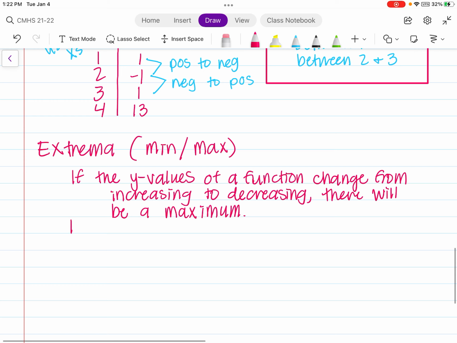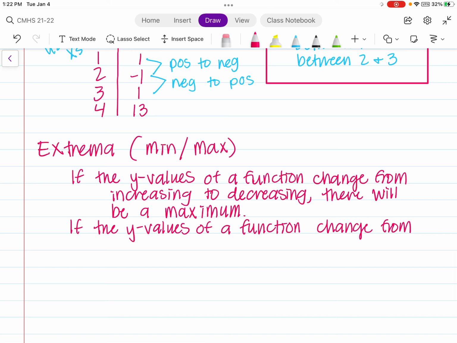So, on the other hand, if the y values of a function change from decreasing, now they're going down, to all of a sudden increasing, coming back up, there will be a minimum.